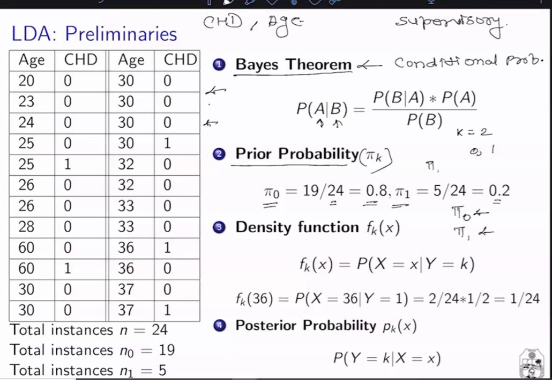Whereas the probability of a randomly selected observation belonging to class 1 is 0.2, because there are 5 instances out of 24, and 5 divided by 24 comes to about 0.2. That is the way in which we calculate the prior probability.